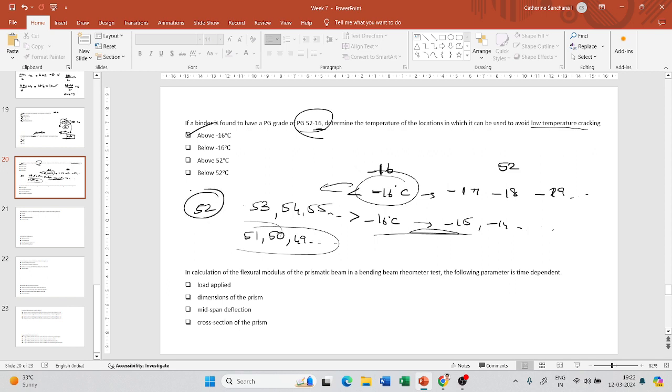So this bitumen can withstand only up to temperatures of 52 degrees Celsius. If you go beyond 52 degrees Celsius, your bitumen will be even softer, and it is prone to rutting because my bitumen is graded only as 52 degrees Celsius, and so it can withstand temperatures only up to 52 degrees Celsius.